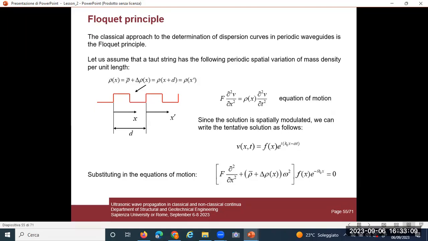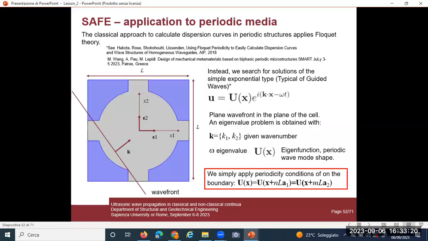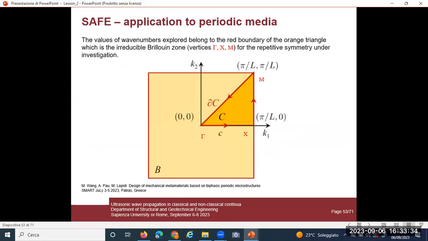You've probably heard about it in the context of periodic structures. Remember that here, the only thing I did is just picking up the tentative solution, substituting in the field equations, and applying periodicity conditions.